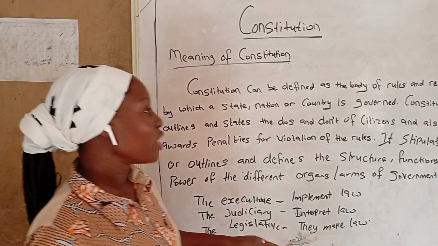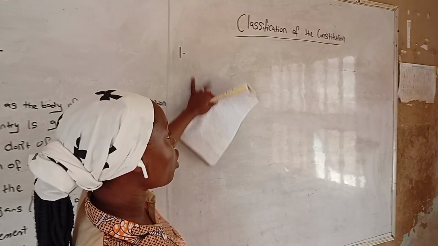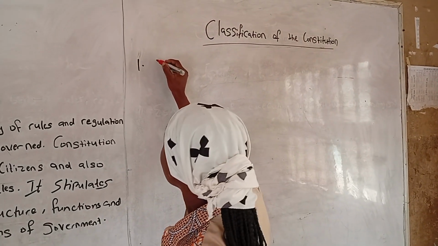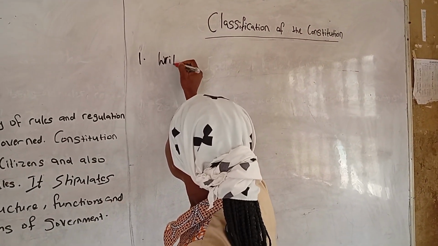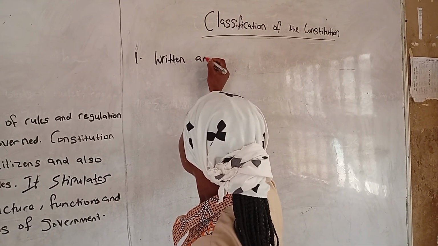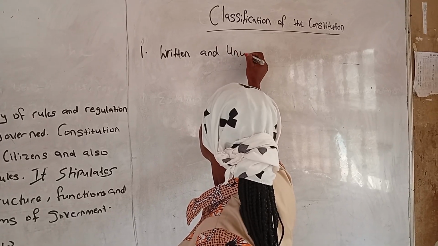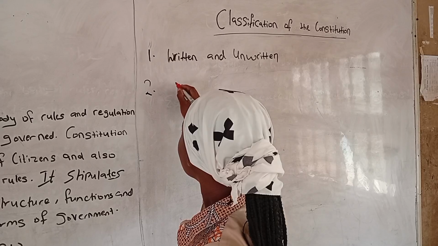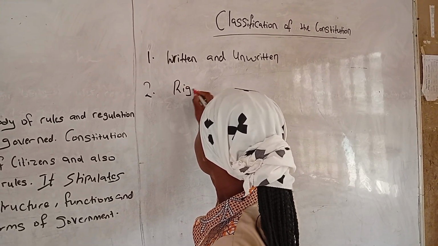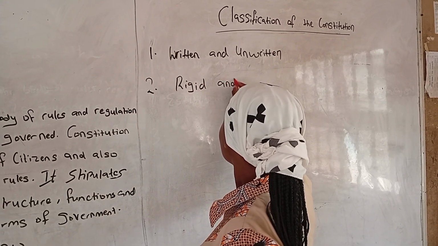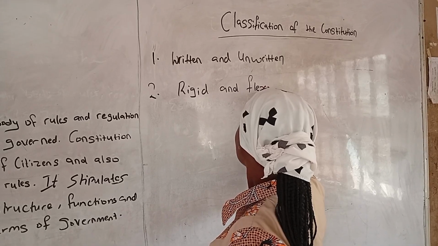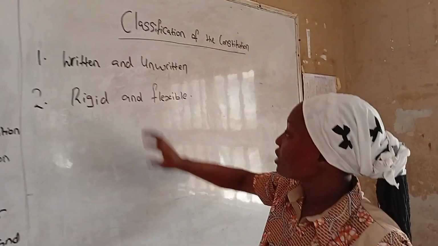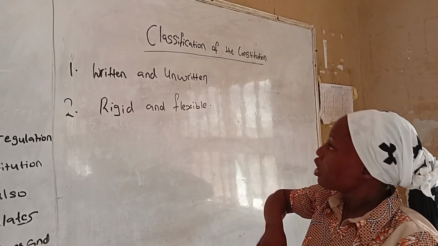Now, moving forward, we are going to be looking at the classification of the Constitution. Constitution can be classified as written and unwritten.